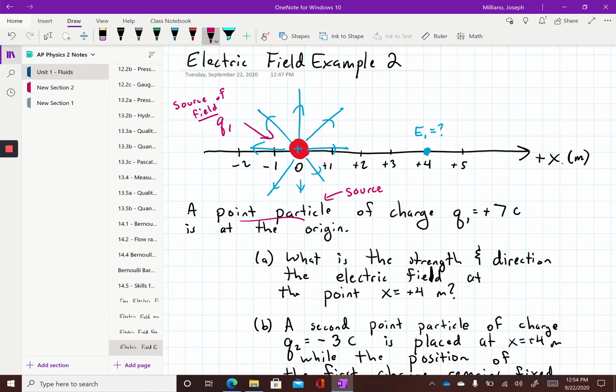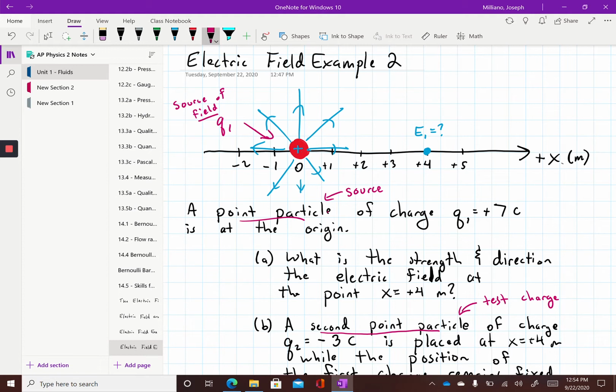Then the second point particle, for our purposes, we are going to consider the test charge. It is the test charge because it's the one that's being brought into the field of the first one. We could probably reverse the roles, where this second charge is our source and we compute its electric field, and then we bring the first point particle into that field, but that's not what we're doing here.